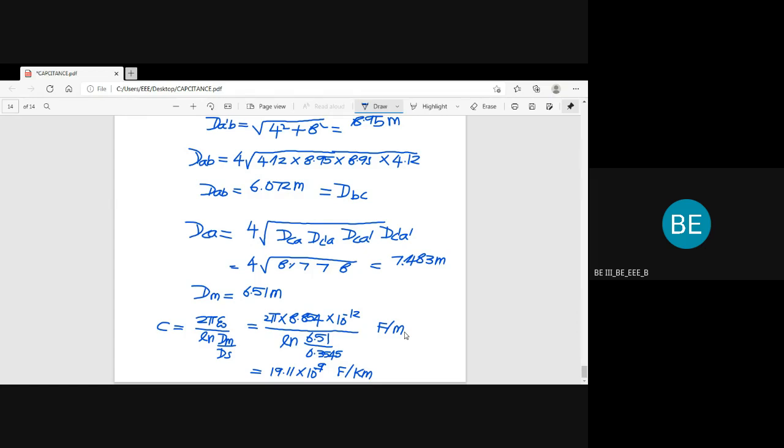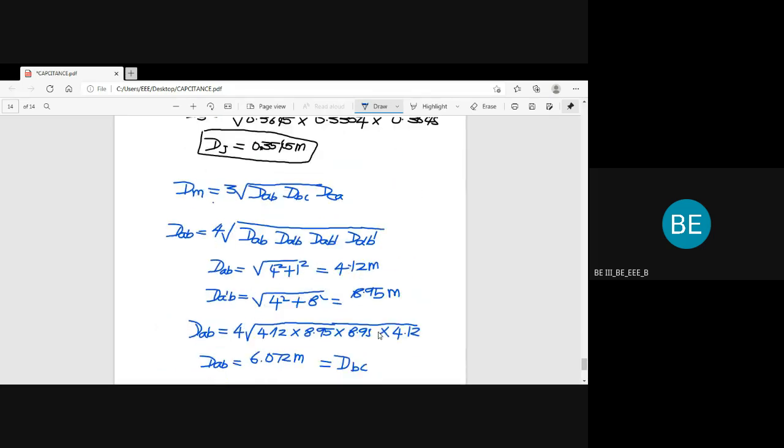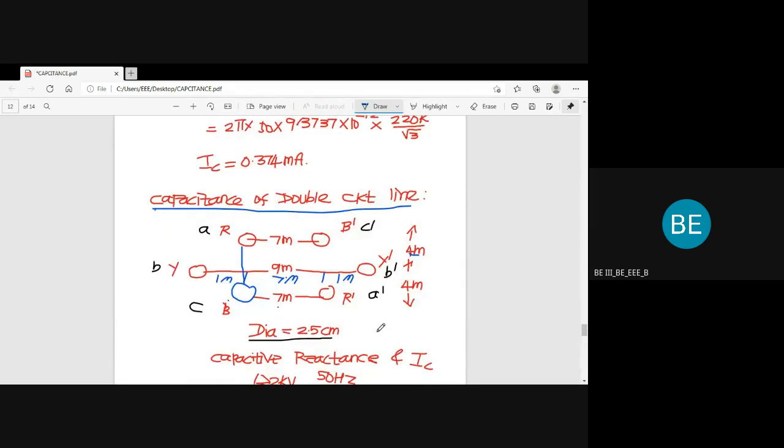So this is how we have to calculate capacitance of a double circuit transmission line. So it looks similar to the inductance calculation.